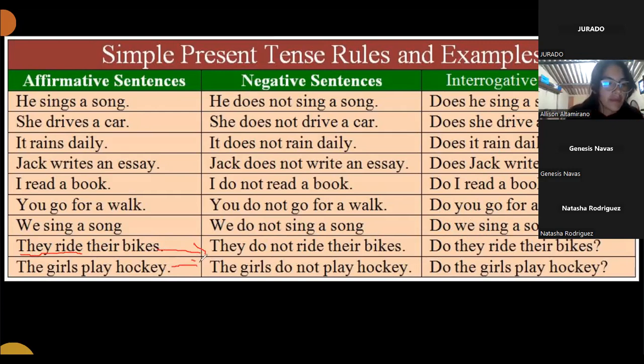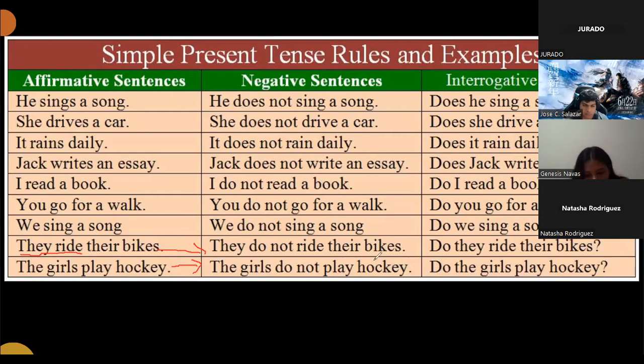The girls play hockey. The girls do not play hockey. Do the girls play hockey? Very good. We have the girls play hockey. En este caso, the girls son algunas, es como que fueran ellas, por eso no le aumento S, okay? The girls play hockey, the girls don't play hockey, and do the girls play hockey?